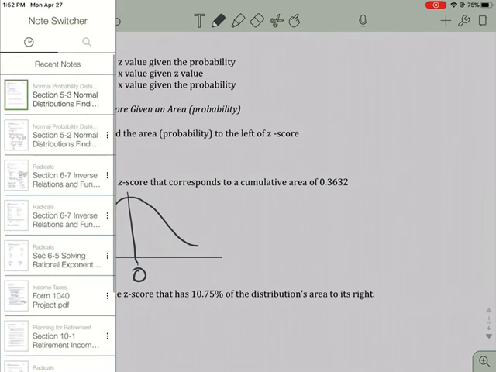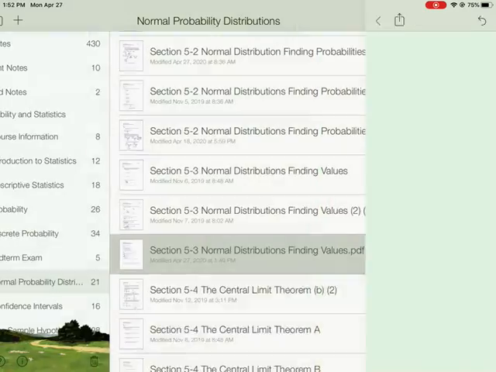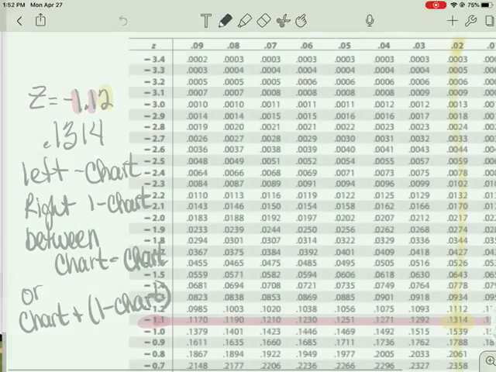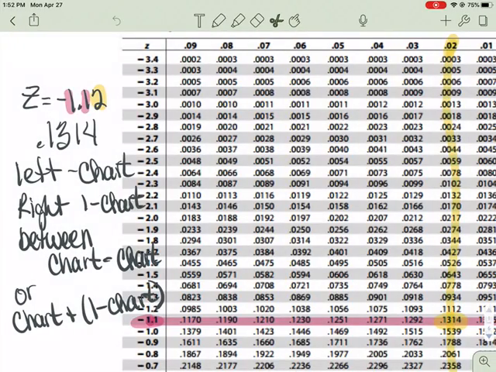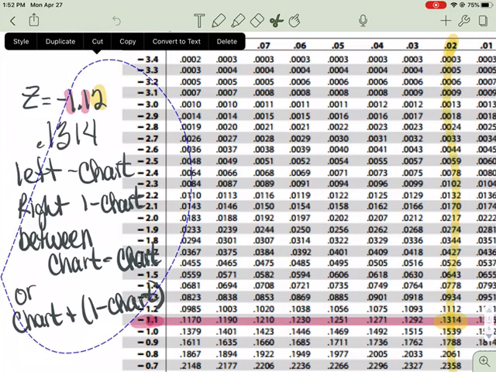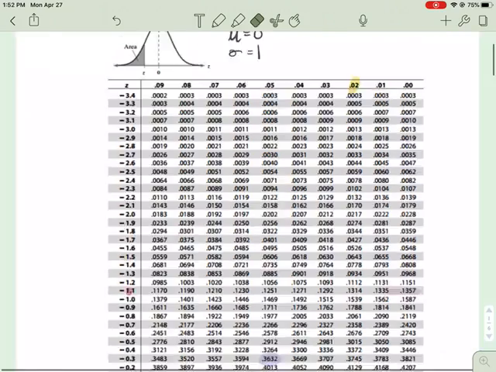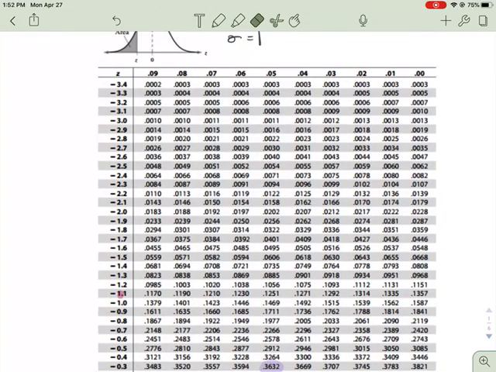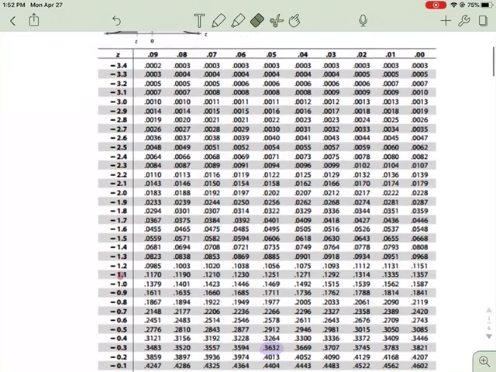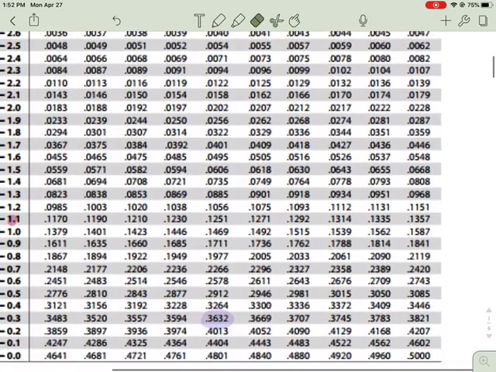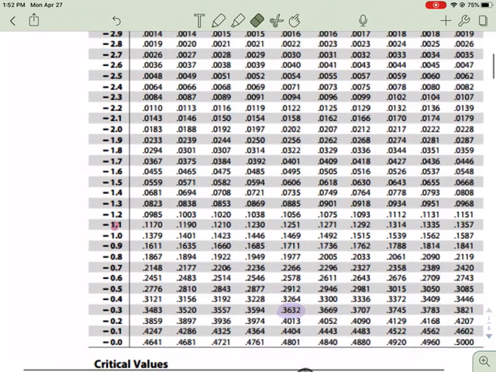So we need our z-chart. Let's go get our z-chart. All right, so what we're going to want to find is 0.3632. So that's somewhere over here. Oh, there it is. It's purple. It's already highlighted.